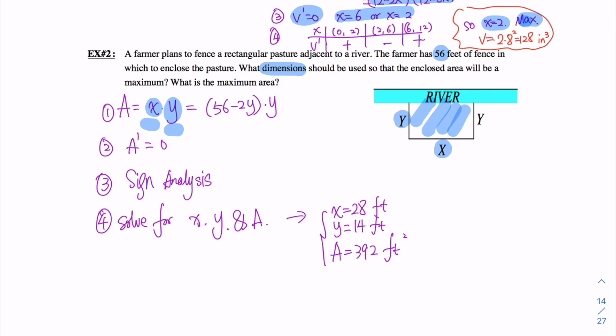That means all the sides added together give us 56, so x plus 2y equals 56. We solve for x, replacing x with 56 minus 2y. Now the area is expressed using one variable only. Set the derivative equal to 0, make the sign chart, and find the maximum or minimum value.